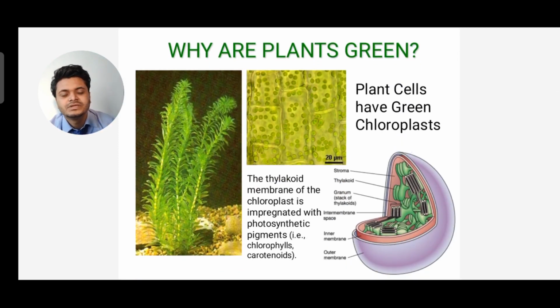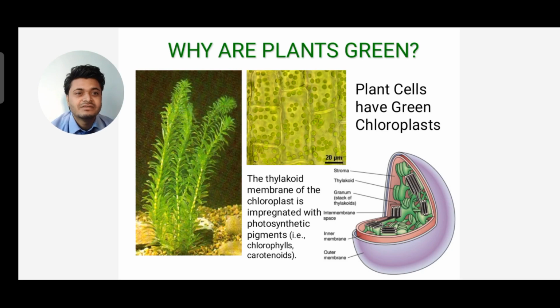Now the next question is, why are plants green? We have studied that a substance absorbs all the colors except the color that it reflects. Green plants are green because they reflect green color and absorb all the other colors, and because they have a pigment called chlorophyll.